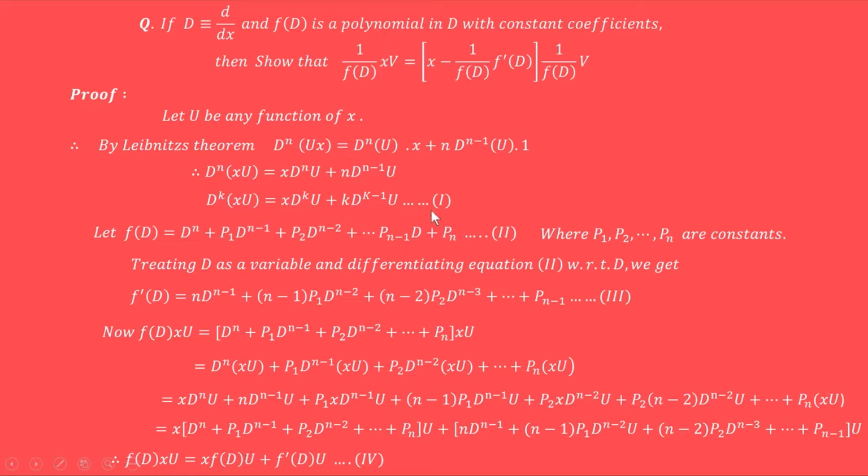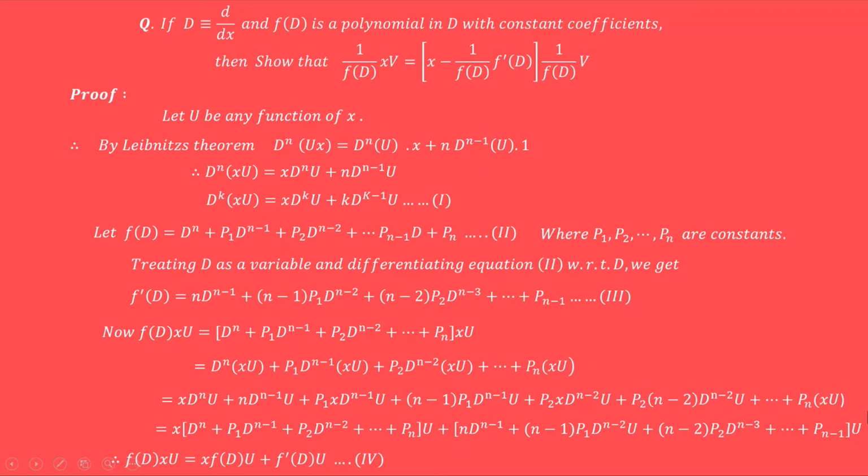Now see these two equations, equation number 2 and equation number 3. d raised to n plus p1 d raised to n minus 1 plus p2 d raised to n minus 2 plus dash dash dash pn is the value of f of d by using equation number 2. So this square bracket represents f of d, and this another square bracket represents f dash of d by using equation number 3.